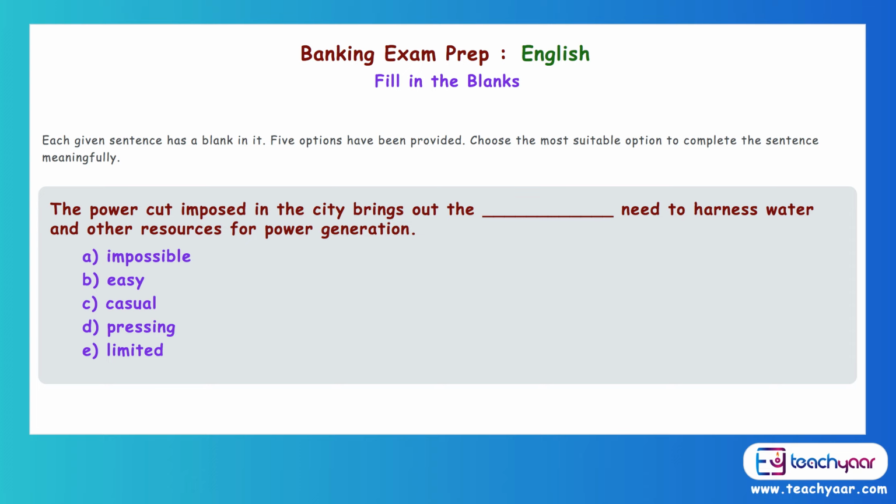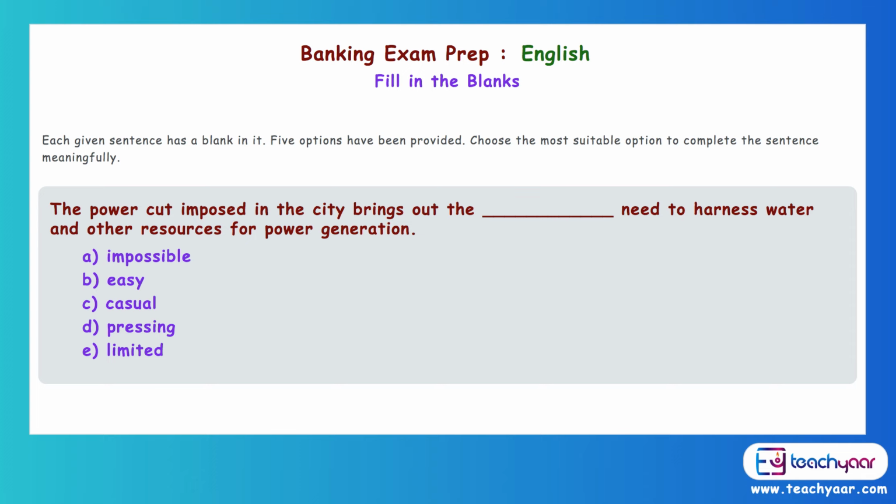People immediately feel very inconvenienced, they feel, oh my God, what a problem. And then their attention is drawn to what? The need to harness water, because if you want hydroelectricity, you have to harness the water or any other resource which is required for power generation.